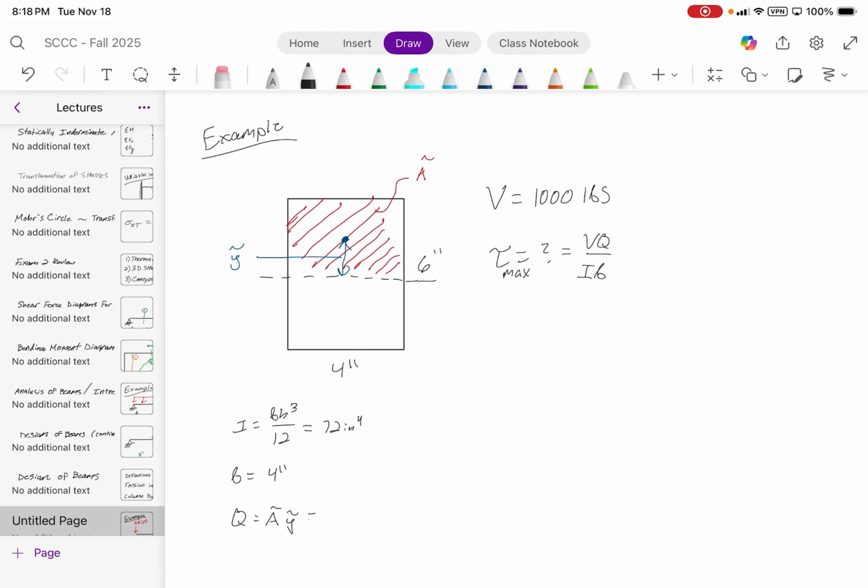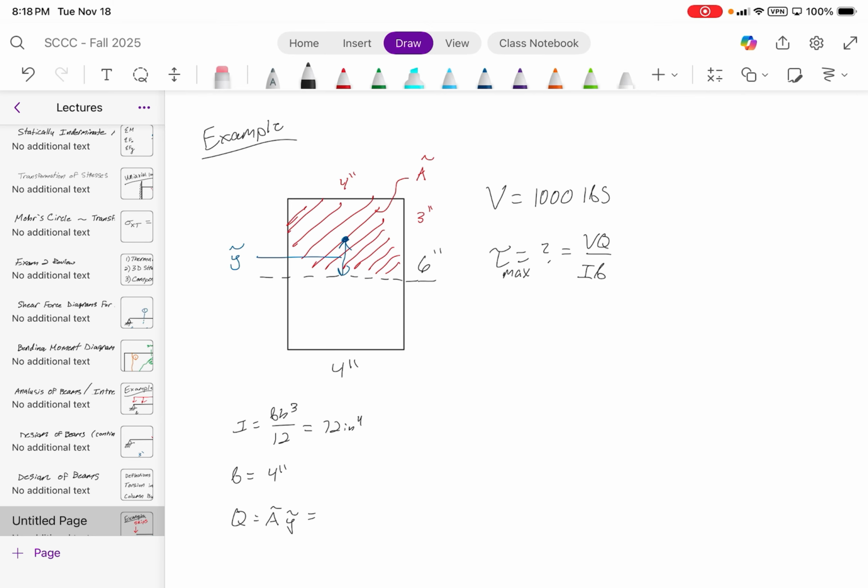Say that again? 12 times 1.5. Not 12 times. The height of this total thing is 3 inches. Oh, wait, yeah, I guess you're right. Not 4.5, 1.5. Yeah, 1.5. So if that's 3, that's 4 inches.